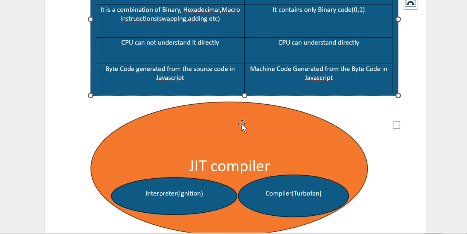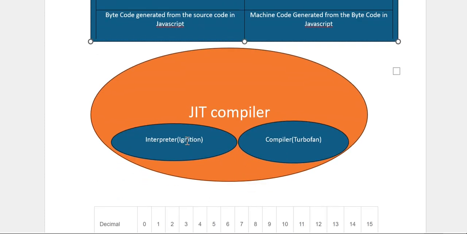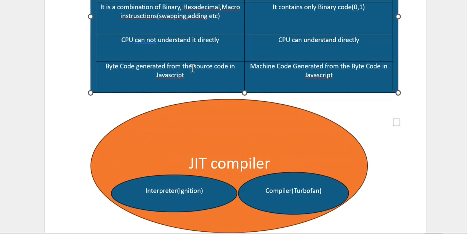We already discussed in the previous video the JIT, just-in-time compiler. It is a combination of interpreter and compiler. The interpreter is Ignition, and the compiler is TurboFan, used by Chrome's V8 engine. The interpreter first generates the bytecode from the source code, and then the bytecode is used by the compiler to generate the machine code, and that machine code is executed by the CPU.